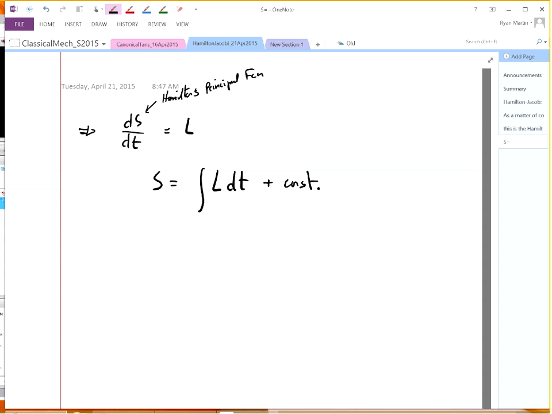And so now you can see why we called it F, because Hamilton's principal function is related to the integral of the Lagrangian over time, which is the action, plus some constant. And of course that constant doesn't change the equations of motion. So this thing here is the action.